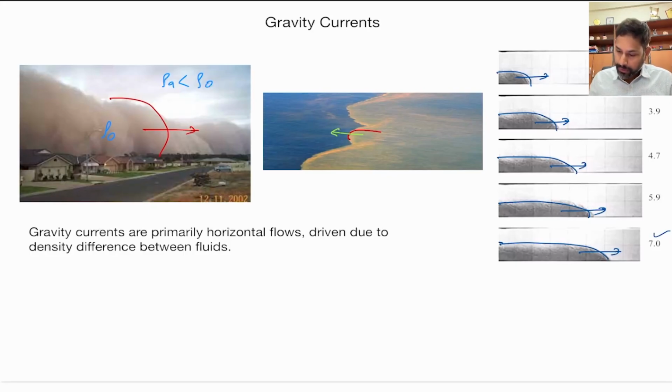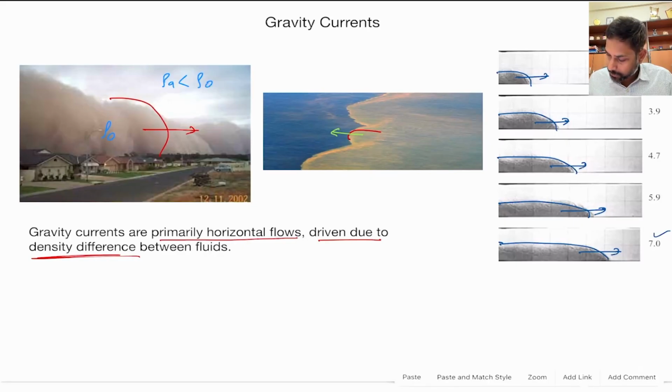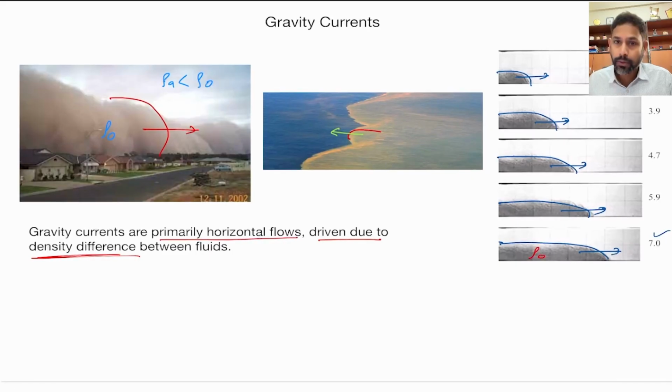Okay, so the definition of gravity current can be read as: gravity currents are primarily horizontal flows driven due to density difference between fluids. We saw these examples where we have two different types of fluids, where one fluid is heavier than the other. And in this experimental example also, we have a similar situation where you can call this rho naught, and this one rho ambient, where rho ambient is smaller than rho naught.